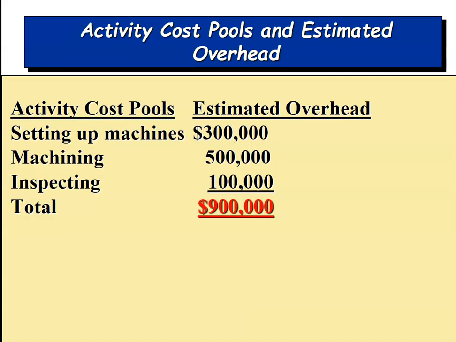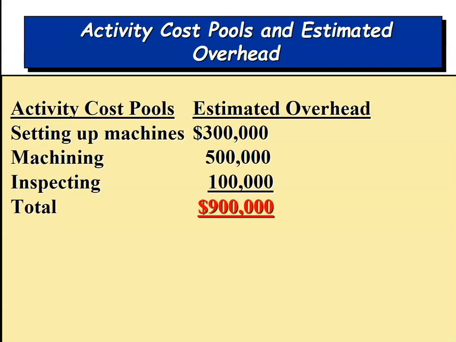So we talked earlier and we said that we've estimated manufacturing overhead at $900,000. This is very, very important. We've identified, looks like with this company, only 3 activity cost pools. Now, what we're saying here is that there could be any number of activities going on that incur costs.